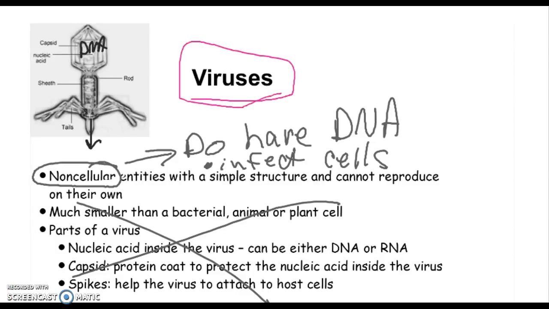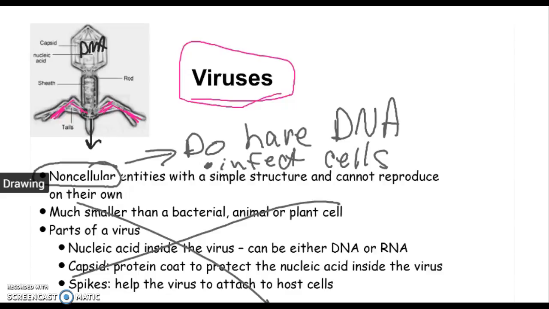They're not really considered living, because they aren't considered to be cellular, because they're not a complete cell. They're really just genetic material surrounded by a protein coat, and they have special mechanisms that adhere to cells, and then they inject their genetic material directly into cells.